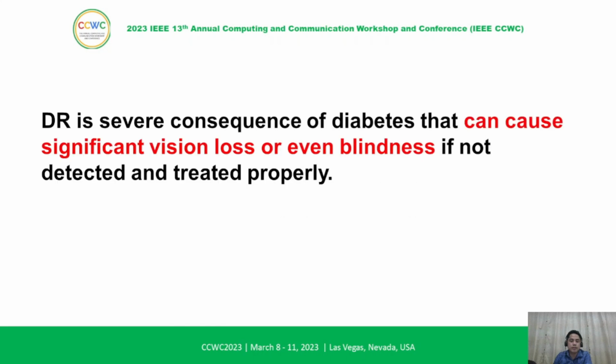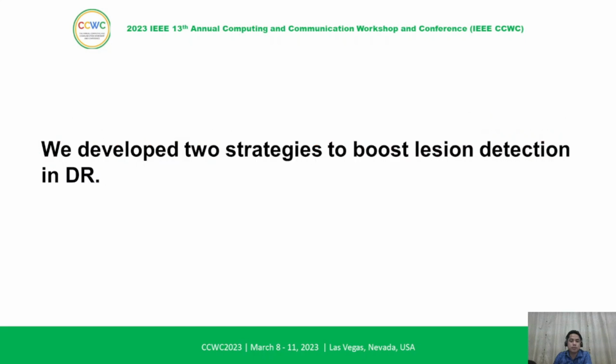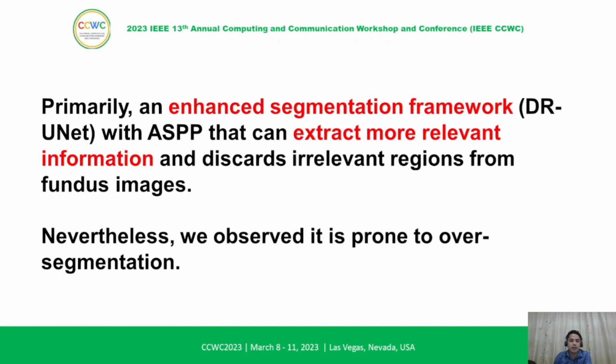DR is a severe consequence of diabetes that can cause significant vision loss or even blindness if not detected and treated properly. We developed two strategies to boost lesion detection in diabetic retinopathy. We used an enhanced segmentation framework and a modified CNN architecture using atrous spatial pyramid pooling that discards irrelevant regions from fundus images.